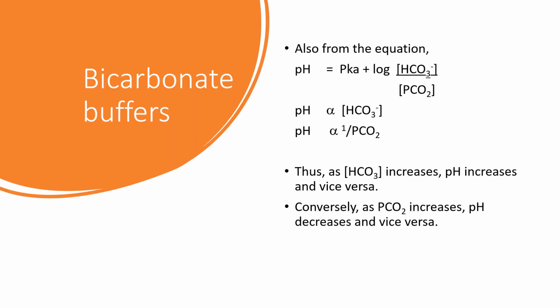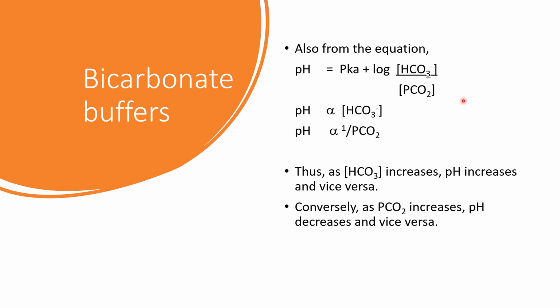Now, if you look at this equation we talked about earlier, the Henderson-Hasselbalch equation, in terms of the bicarbonate buffer system, the pH is equal to the pKa plus the log of the conjugate base over the weak acid.